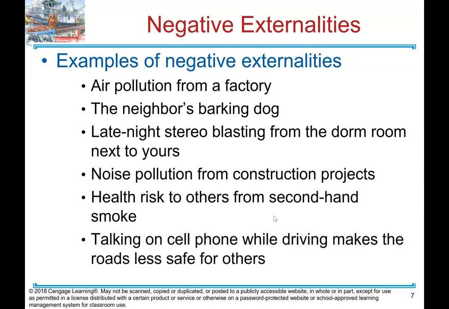Examples of negative externality: air pollution from a factory, the neighbor's barking dog. If your neighbor's barking dog keeps you from sleeping, or you have a little baby that can't sleep because of the barking dog, that's a negative externality.